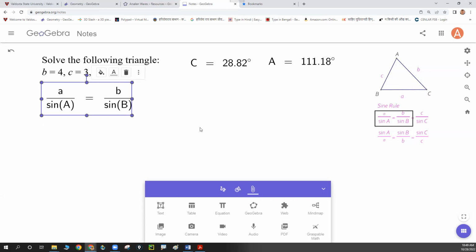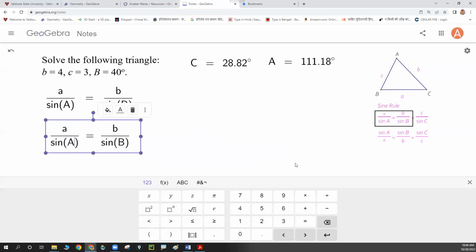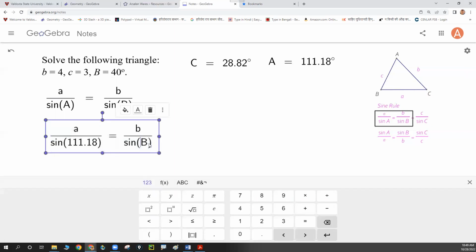Now, I know most of the things here. Sine A is sine 11.18. Sine B is from the question, which is 40. And small b, everything is in degrees, small b is 4.